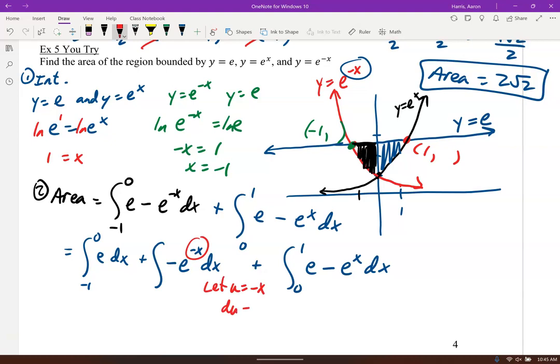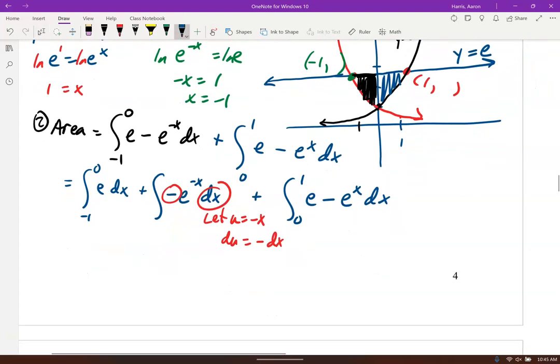So the du is just a -1 dx. Well, the nice thing is I have -1 dx. There's my du.